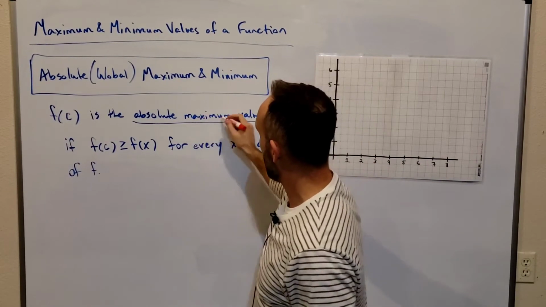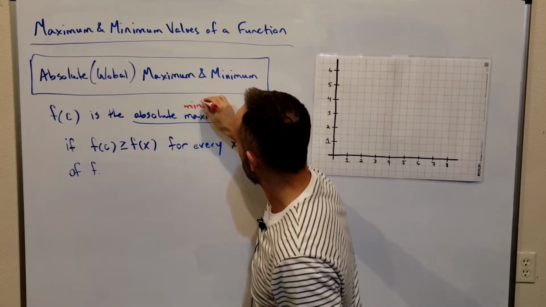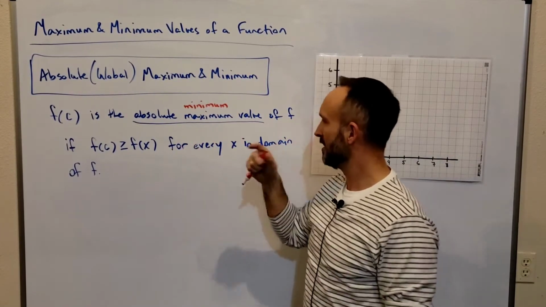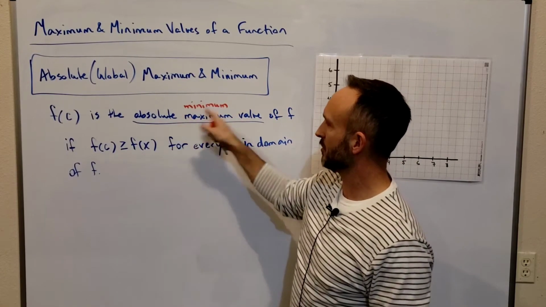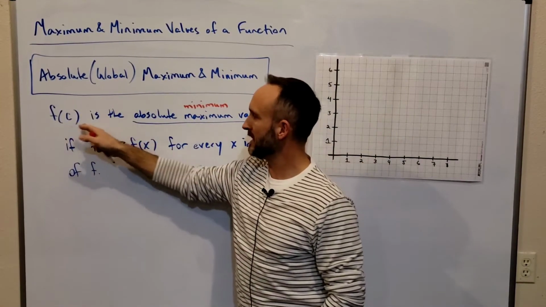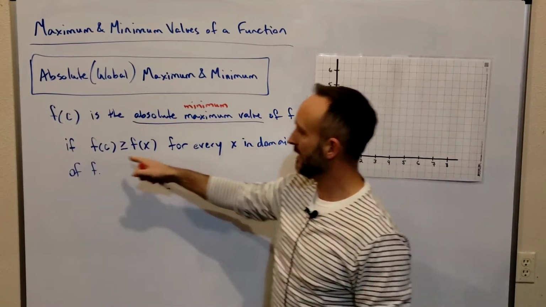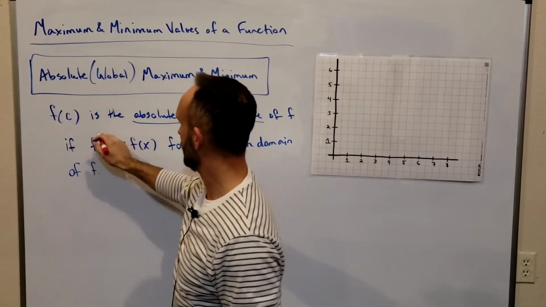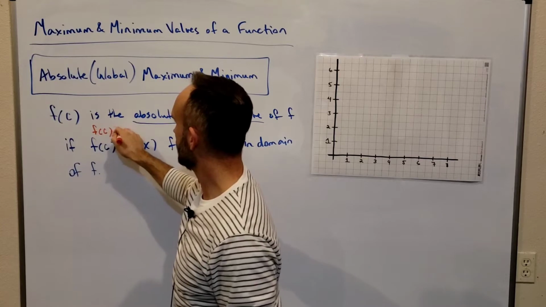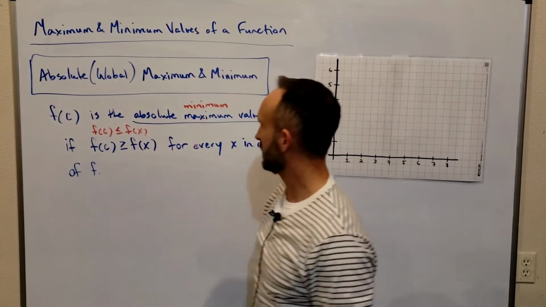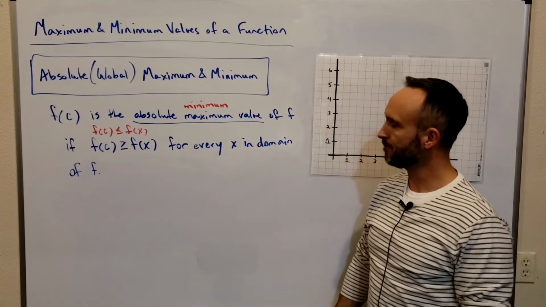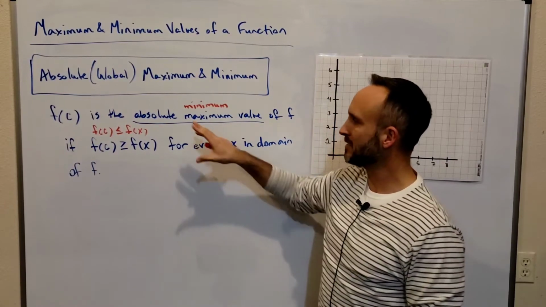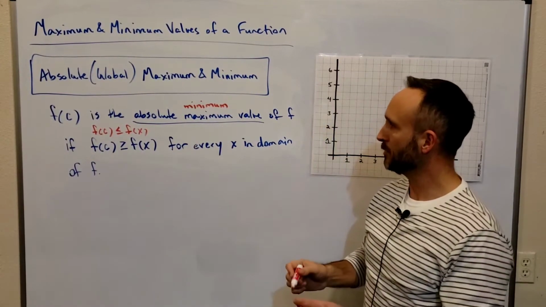So I'll replace maximum with the word minimum in red here. So rather than write out an entire new definition that's almost exactly the same, I'll just write the corresponding changes in red. So now we say f of c is the absolute minimum value of f if, instead of f of c being greater than or equal to f of x, f of c is less than or equal to f of x for every x in the domain. Okay? So now the output is smaller than or equal to all the other outputs. And that's mathematically the way we describe the absolute maximum and minimum.